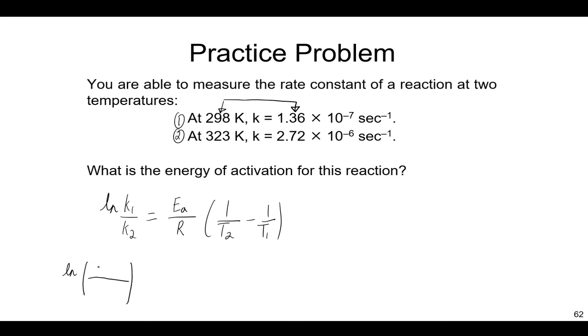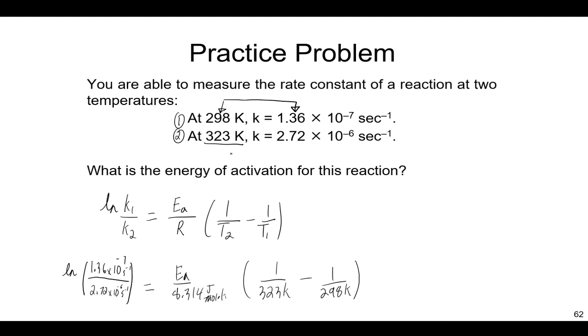So ln of 1.36 times 10 to the negative 7 seconds to the minus 1, over k2, 2.72 times 10 to the negative 6 seconds to the minus 1, equals the activation energy, that's what I'm after, over 8.314 joules per mole Kelvin, all of that times 1 over T2, 323 Kelvin, minus 1 over 298 Kelvin.